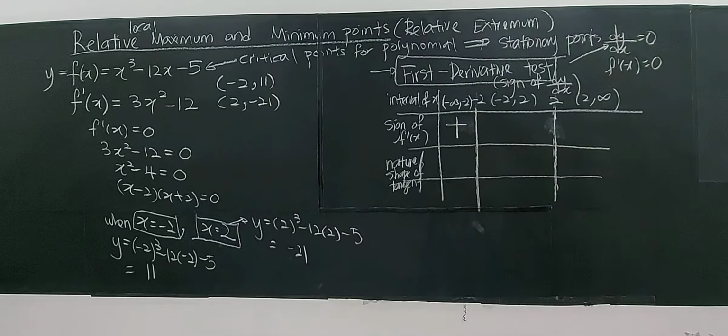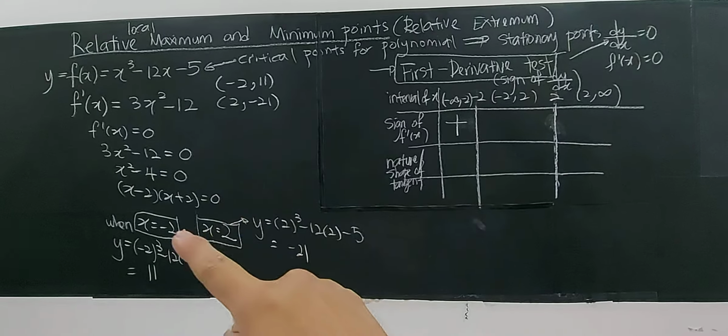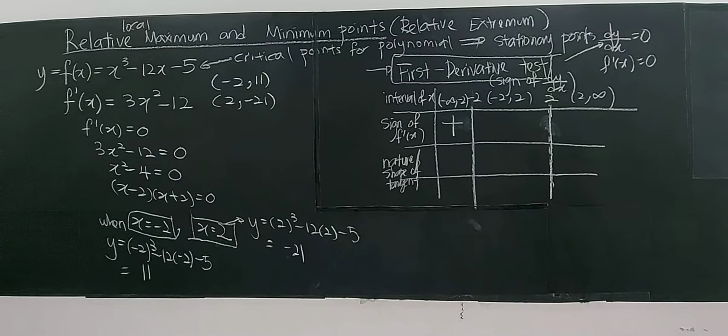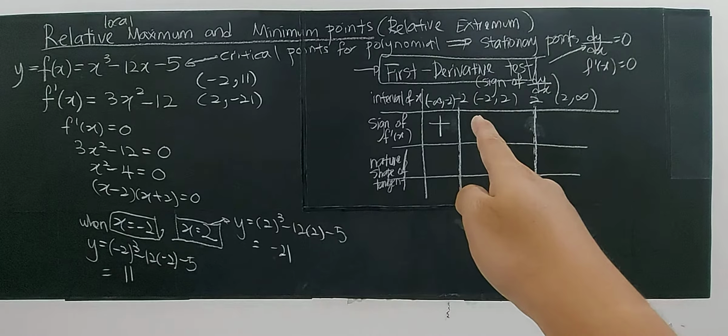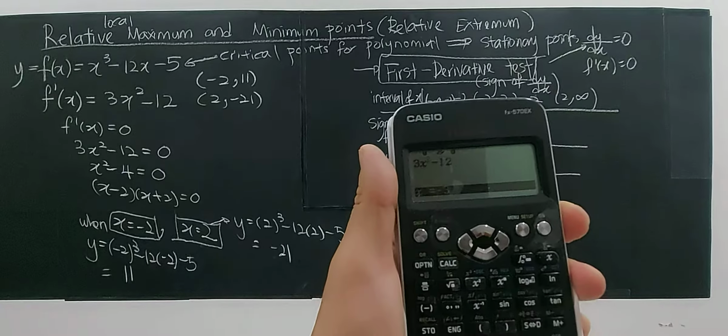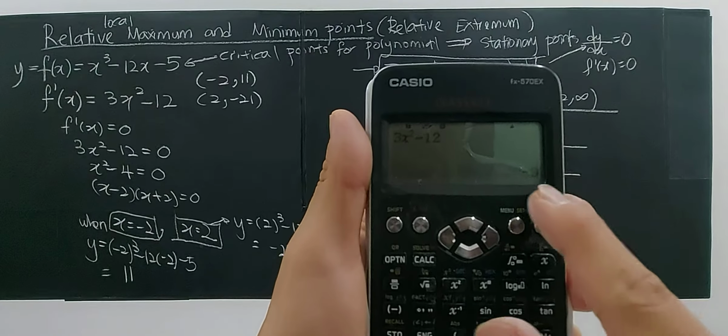Then we look at between -2 and 2. We choose a number; you can choose 0, 1, or -1. Calculating -1, you get a negative number.